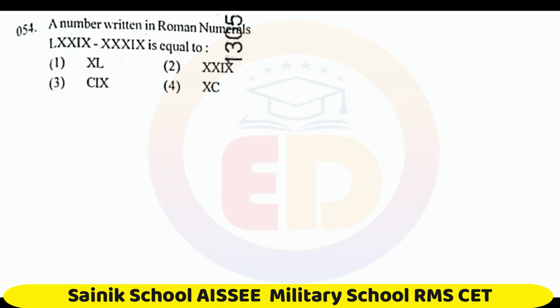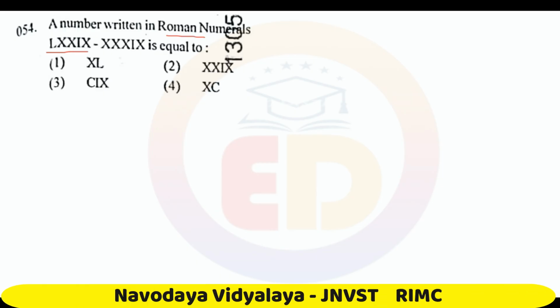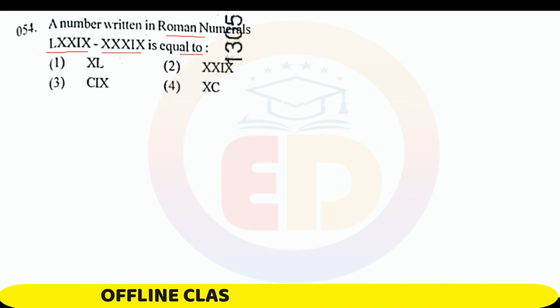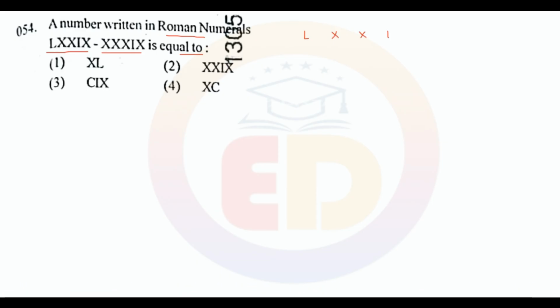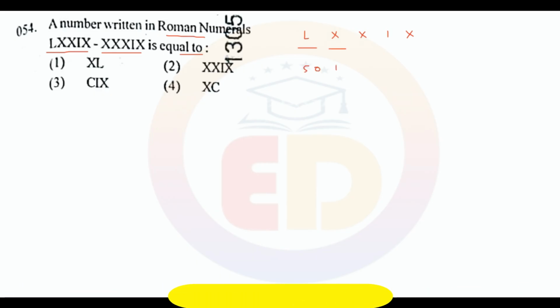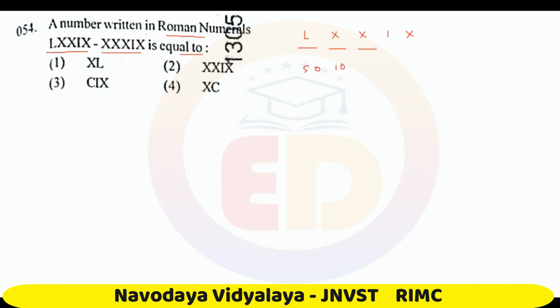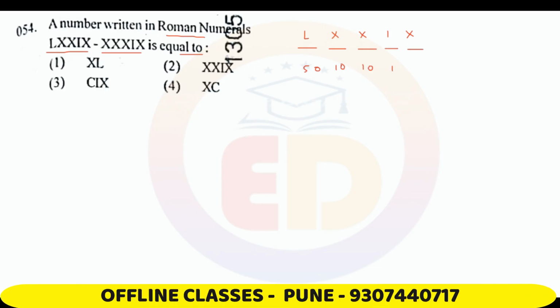Question number 54. A number written in Roman numerals LXXIX minus XXXIX is equal to. Let us find out what LXXIX is. L is 50, X is 10, X is 10, I is 1, X is 10.